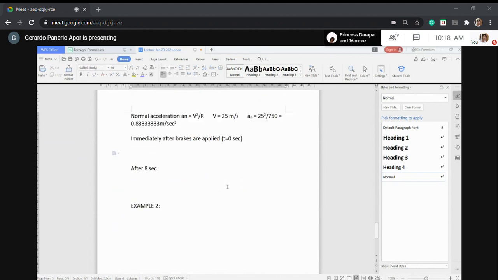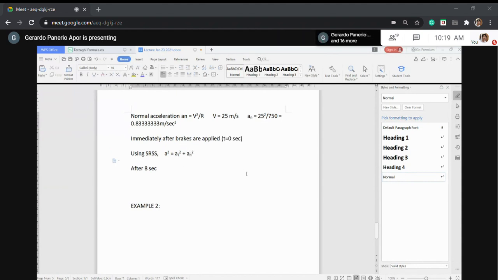You use SRSS, the square root of the sum of squares. So acceleration a squared is equal to a_n squared plus a_t squared.